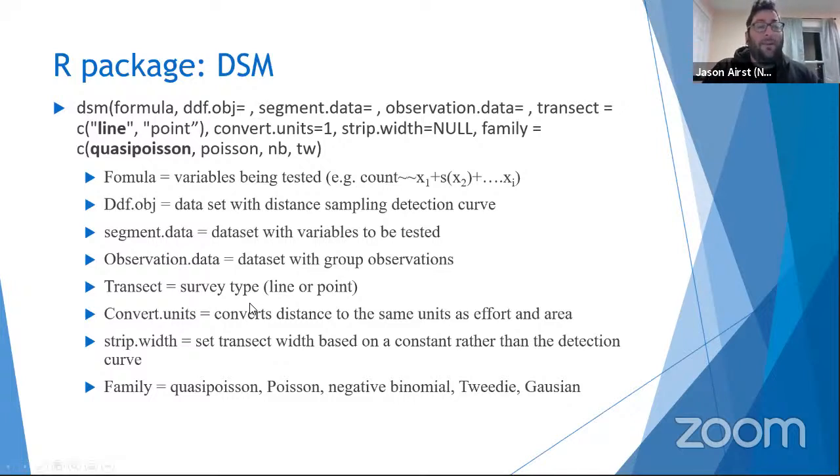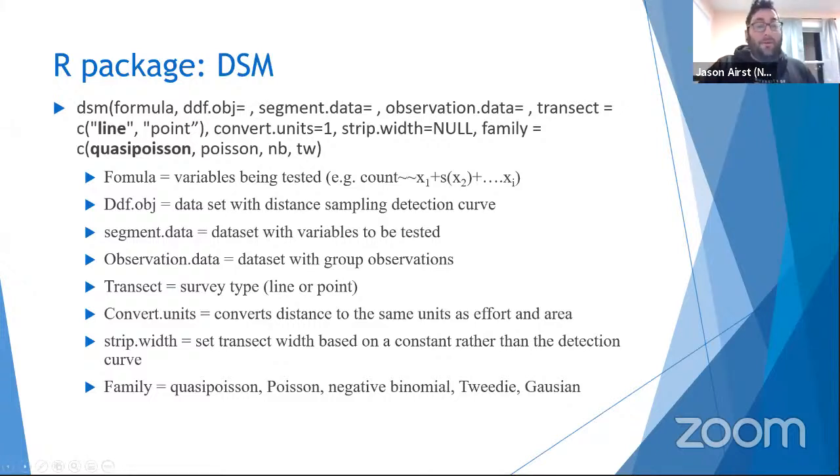The transect variable does the exact same thing as it did in the distance sampling model. Same thing with convert units. And finally, if we wanted to use a set distance away from the line instead of a distance determined by our detection curve, we could specify that distance by using the strip width.